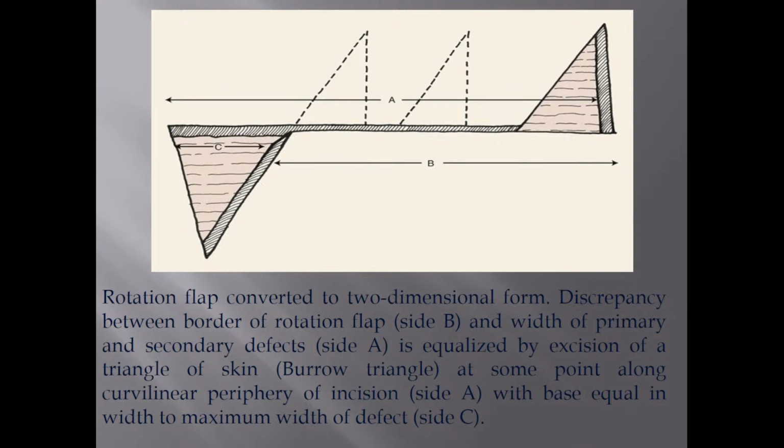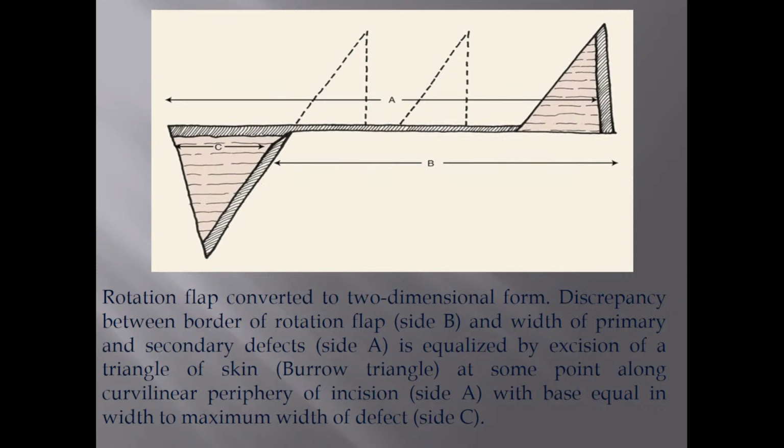As can be seen in this illustration, a problem encountered with the rotation flap is the unequal length of the flap's border, labeled B in the drawing, compared with the widths of the primary and secondary defects, which you can see labeled A. A common method of equalizing this discrepancy is to excise an equalizing Burow's triangle at some point along the periphery of the curvilinear incision.